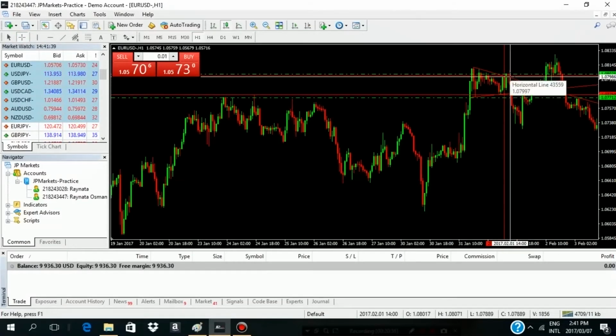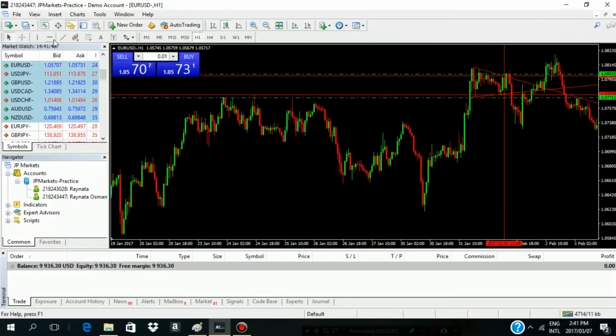So remember, it's not from the line that you've drawn, but from your triangle at that point. So 209 points is somewhere there. That would be your take profit.